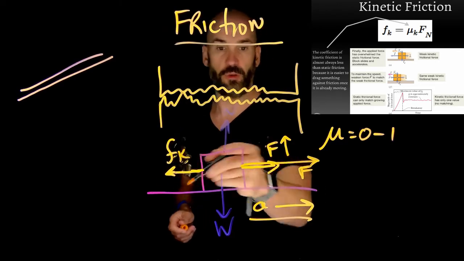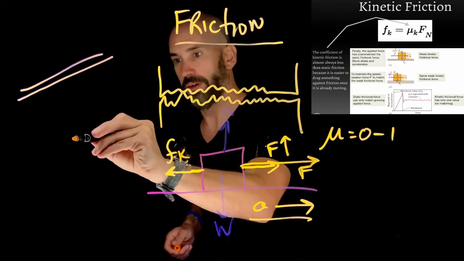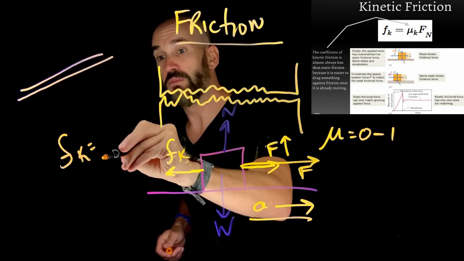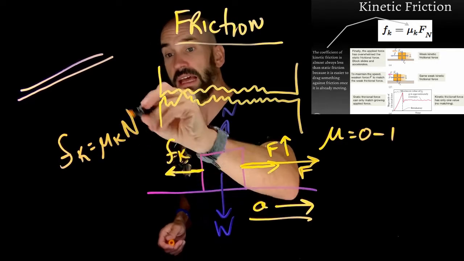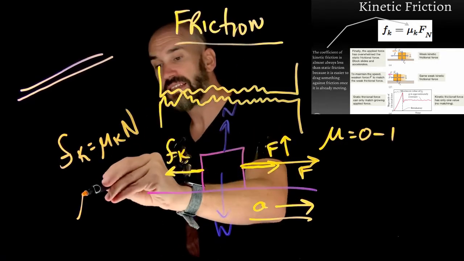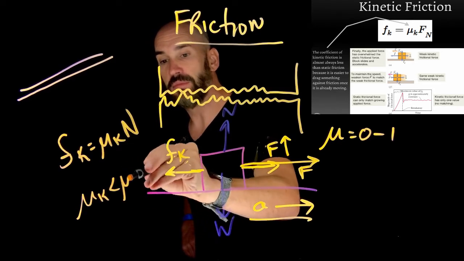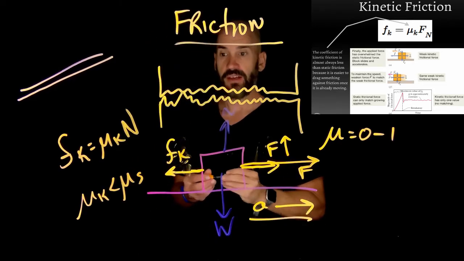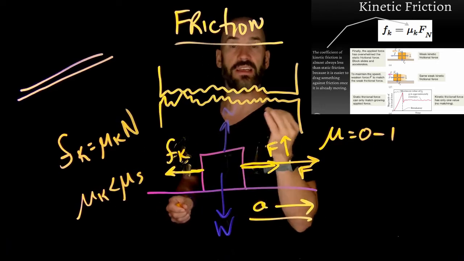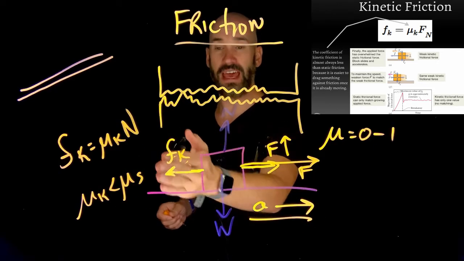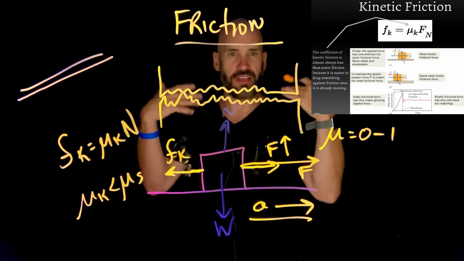The force of kinetic friction is, I'll write it over here, equal to mu k times n. And mu k is typically less than mu s. The coefficient of kinetic friction is less than the coefficient of static friction, and everyone understands this intuitively.